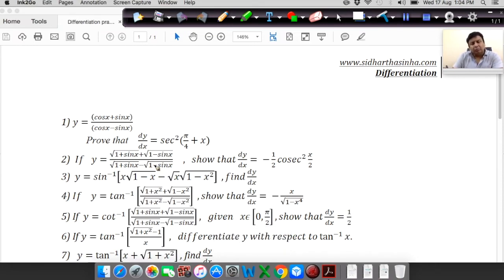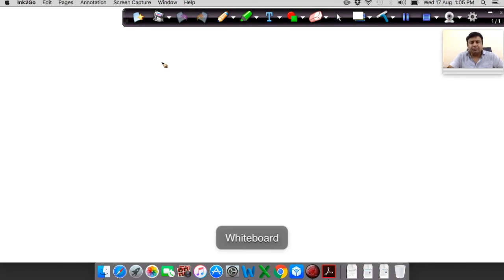Question number 2. We can do a lot of things, but the best way, what I feel is, you see 1 plus sin x. You can break sin x as 2 sin x by 2 cos x by 2.